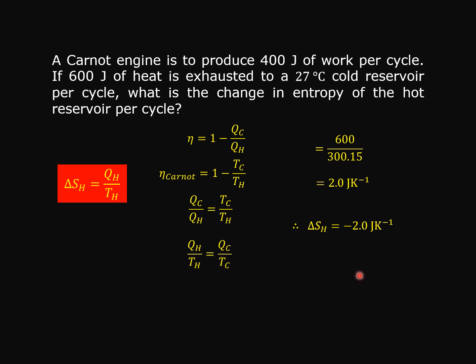So please bear in mind that we are not calculating the entropy change for the substance in the Carnot engine. We are calculating the entropy change for the hot reservoir and the cold reservoir. And for the hot reservoir in this question, the entropy change, the answer, is negative 2.0 joule per Kelvin.